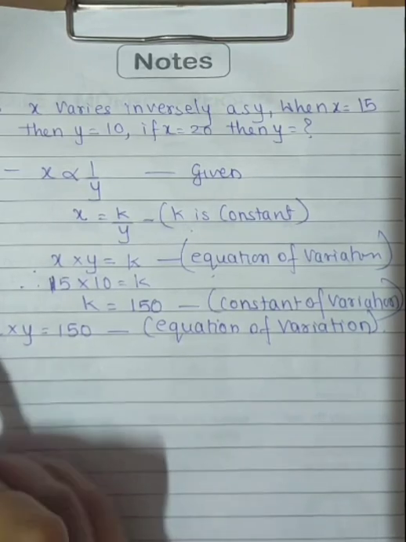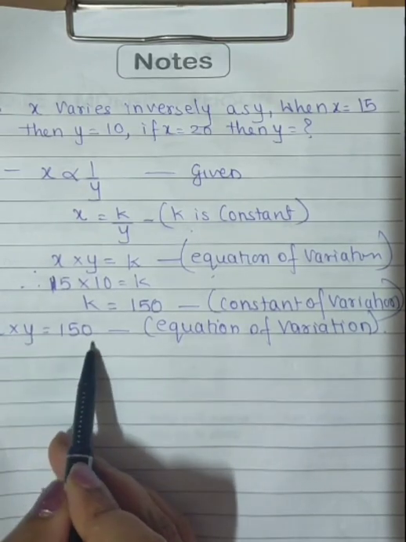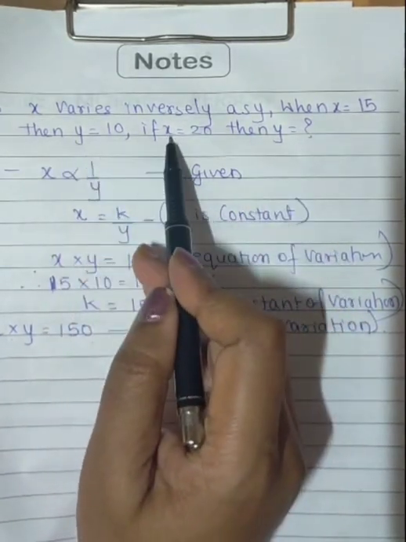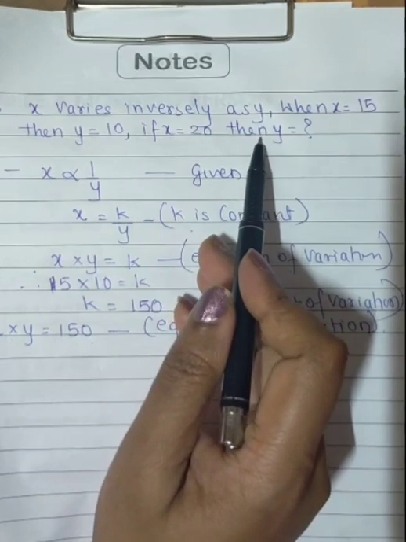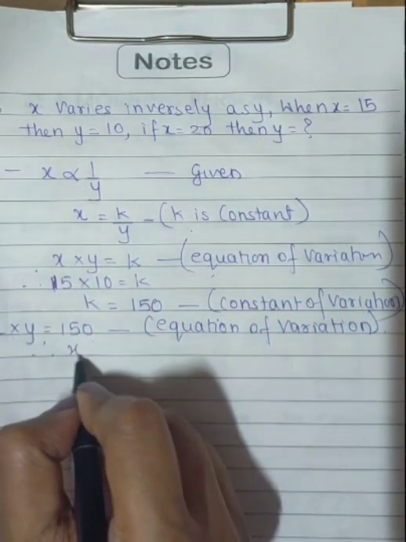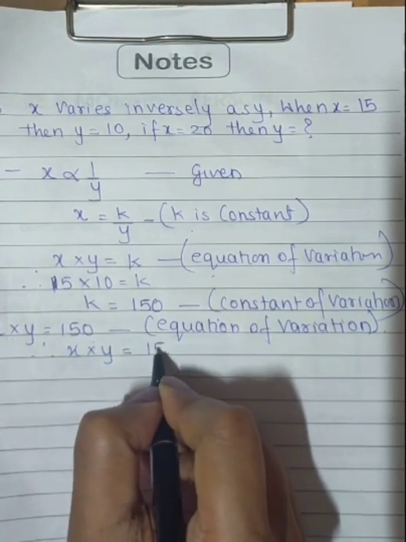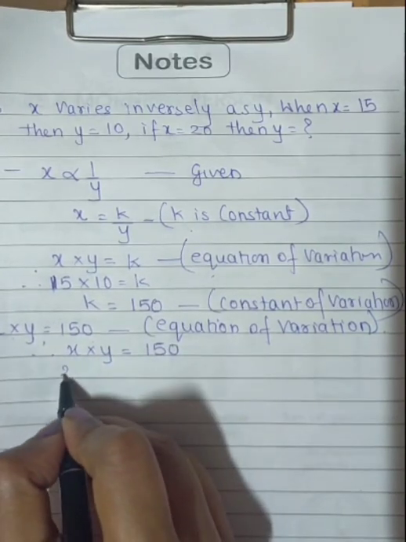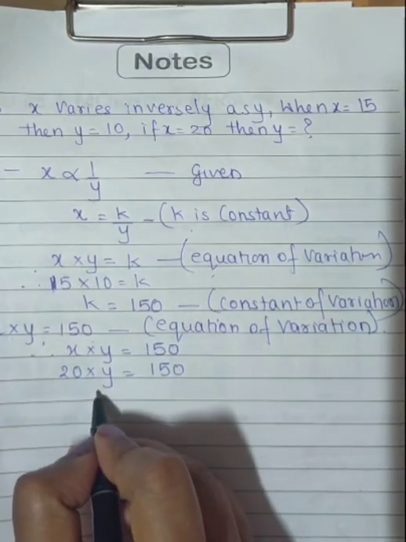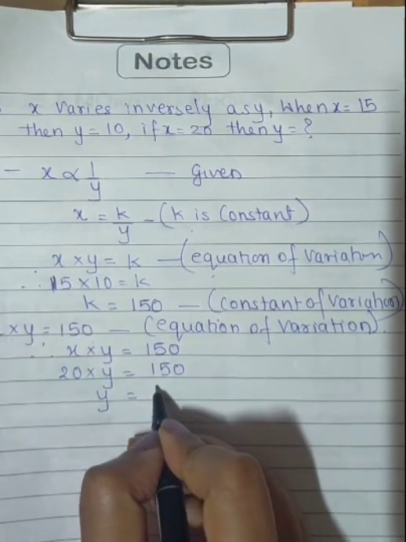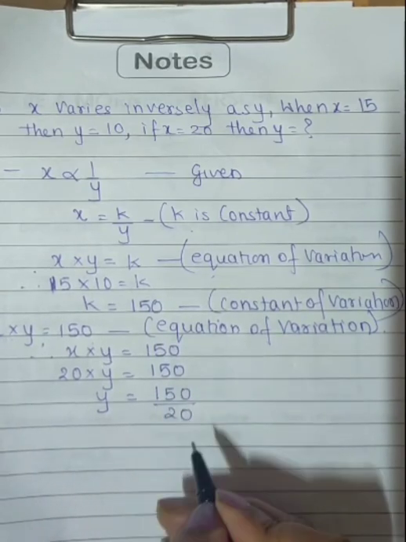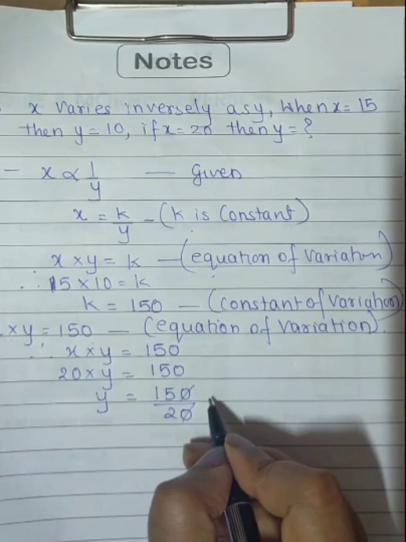Next, what is given? xy = 150. Now here you can see x is 20 and we have to find y. So I am writing the equation xy = 150. x is given 20, so 20y = 150. So y = 150/20.